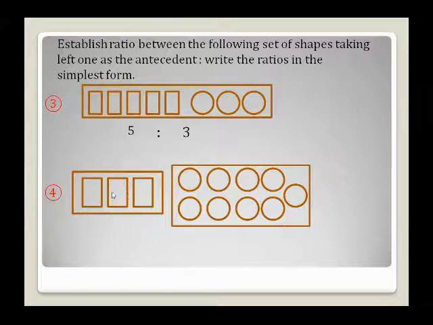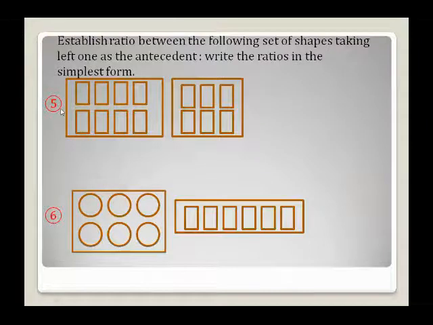Now in the question number 4, here we have the 3 rectangle here and the 9 circles here. So here we write the 3 ratio 9. Now after simplification we have 1 ratio 3. Now the question number 5, in question number 5 the first box having the 8 rectangle and the second box having the 6 rectangle.